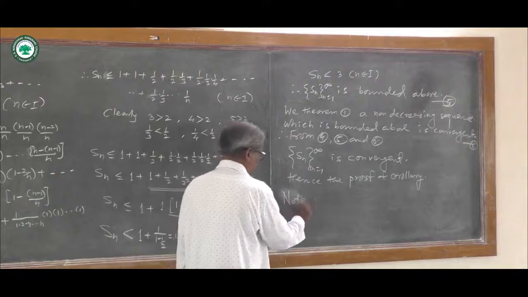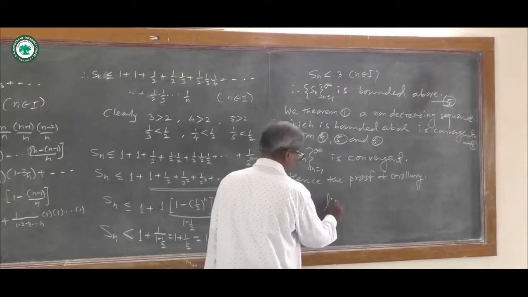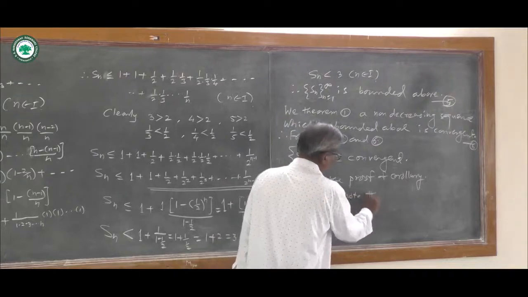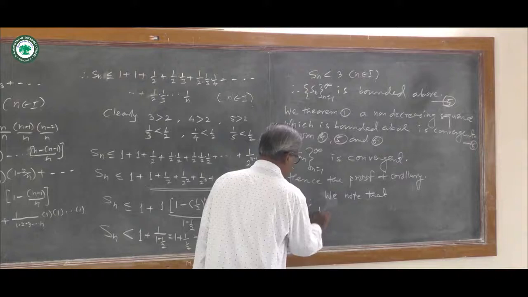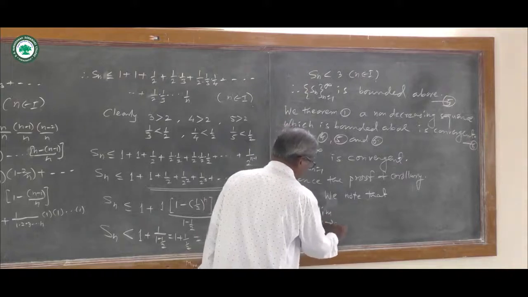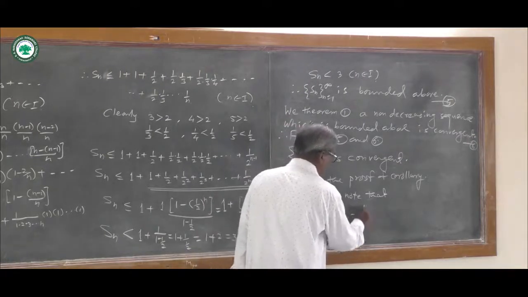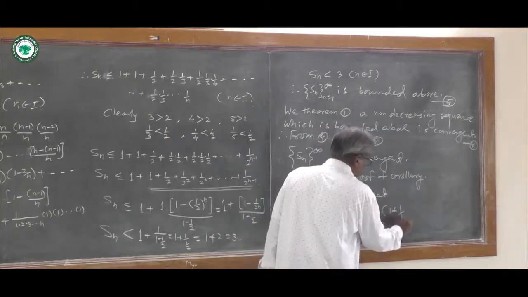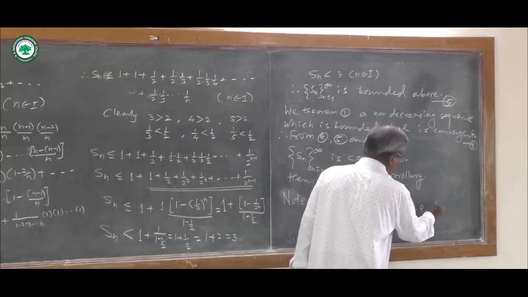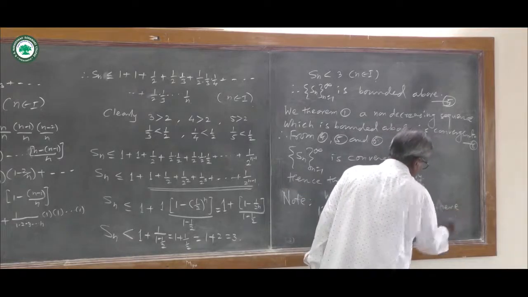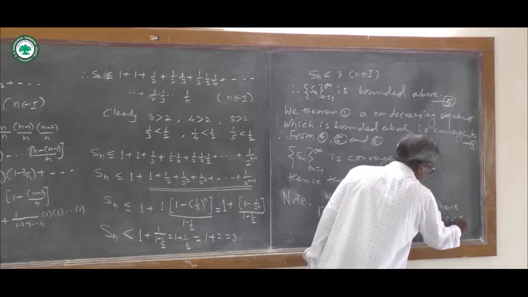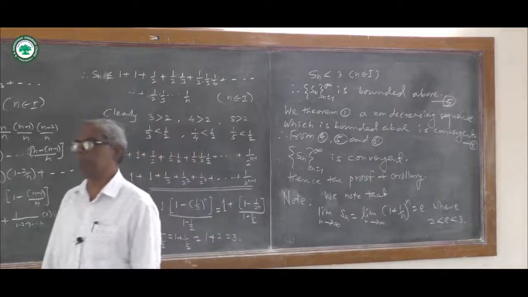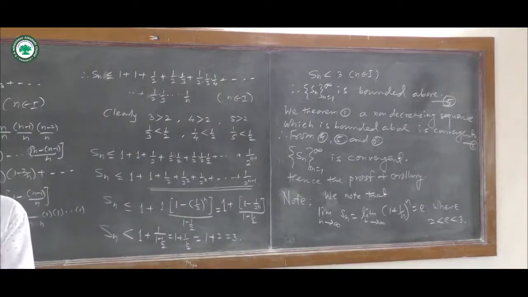We note that limit n tends to infinity of Sn is equal to limit n tends to infinity of 1 plus 1 by n raised to n is equal to e, where 2 is less than e is less than 3. The actual value is 2.7184 and so on.